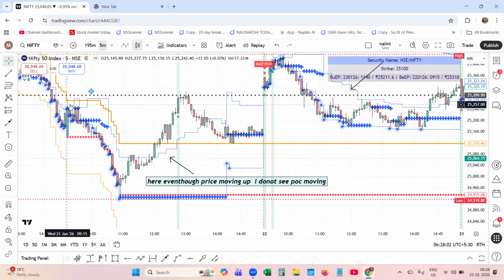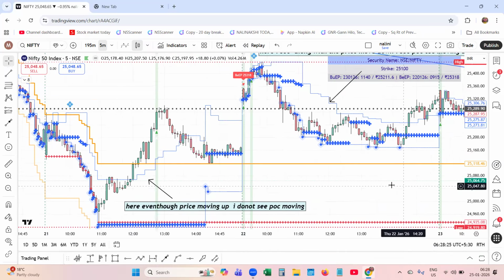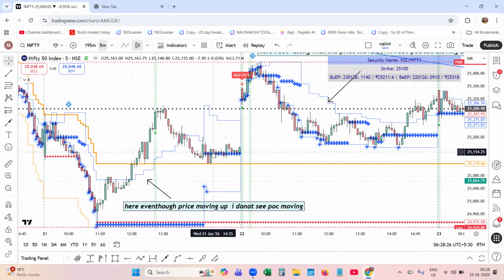Why? The reason for this is the sellers were very aggressive. You can see there was a pause in the POC and sellers were aggressive from this trade. So they pushed the price higher to move down, and you can see the next day before closing, the POC came up.